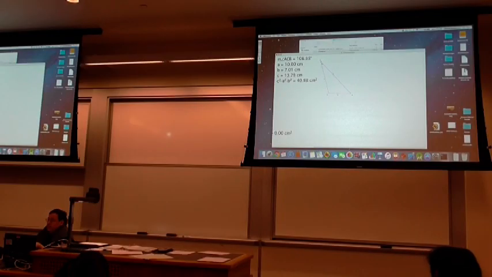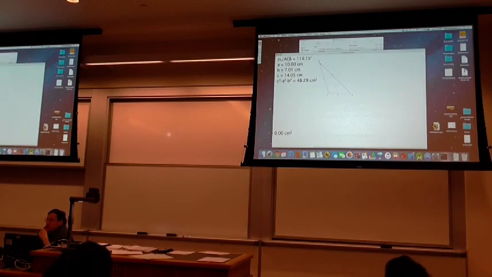If I instead pull B over here, now I'm dealing with an angle larger than 90 degrees, and now the correction to C is a positive value. It gets a little bigger. So, again, I want you to think of this as a correction to the Pythagorean theorem.